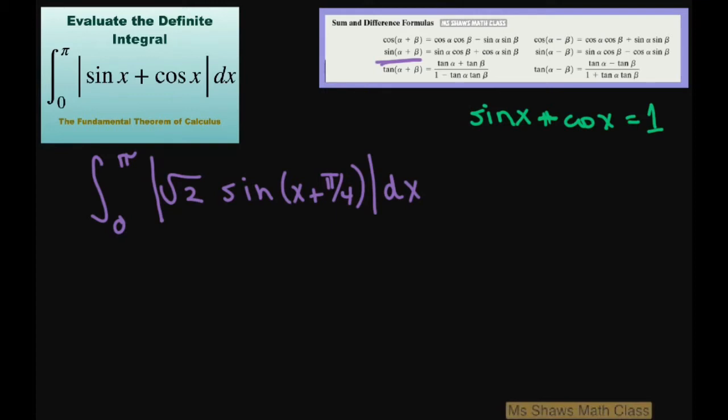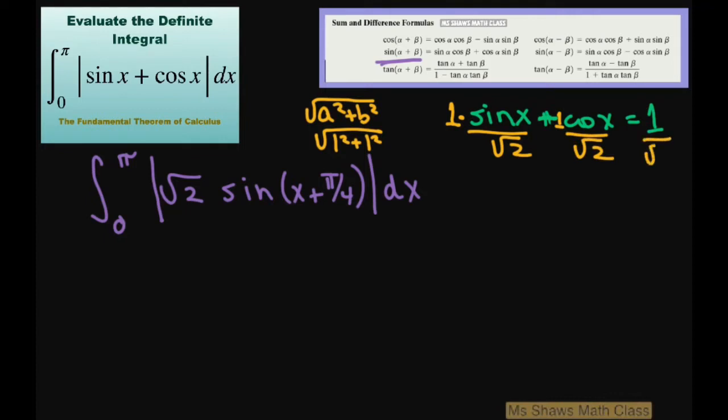The trick is that the coefficients are 1 and 1, and you can divide both pieces by the square root of a squared plus b squared, so in our case 1 squared plus 1 squared, so we divide each term by square root of 2. That means there exists an angle common to both sine and cosine where the value equals 1 divided by square root of 2 in our case, and that angle is pi divided by 4.